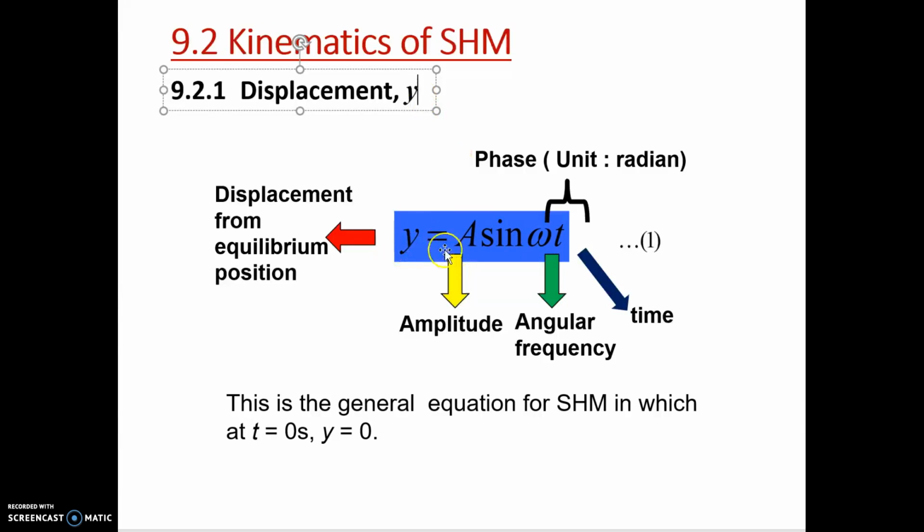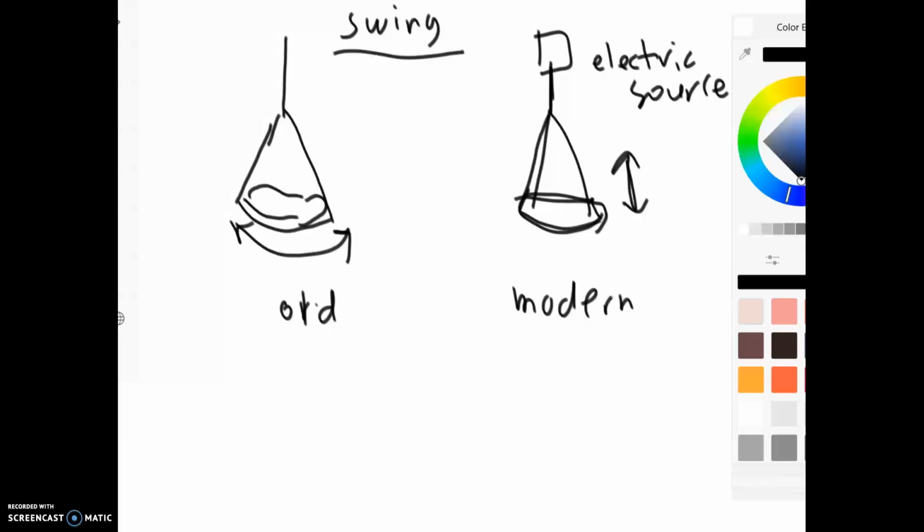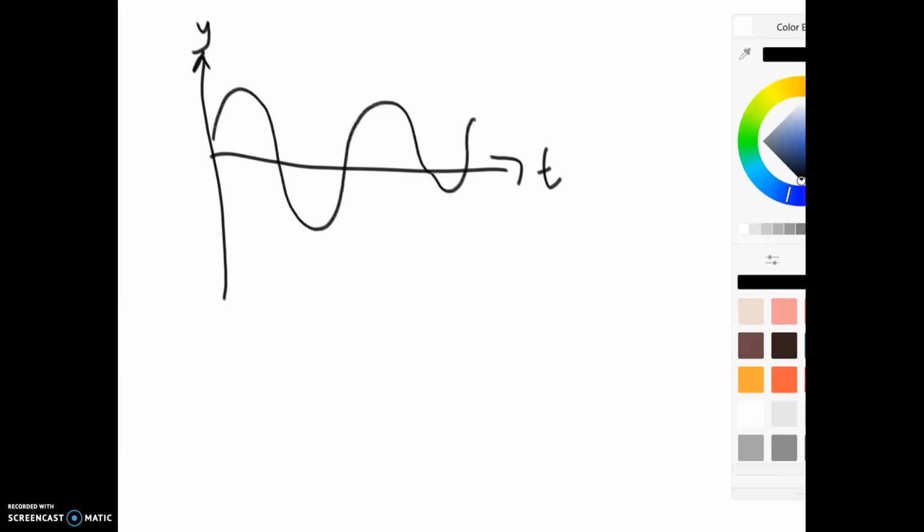So it's y equal to A sine omega t. y is displacement, A is amplitude, which is maximum displacement, omega is angular frequency, and t is time. This is a sinusoidal equation, so you have to expect the graph to be sinusoidal, with displacement on the y-axis against time. This is the sinusoidal graph.